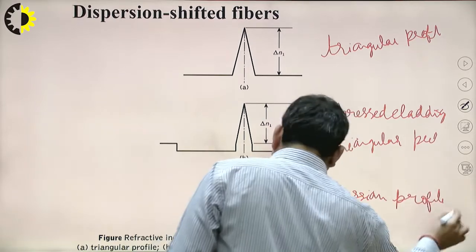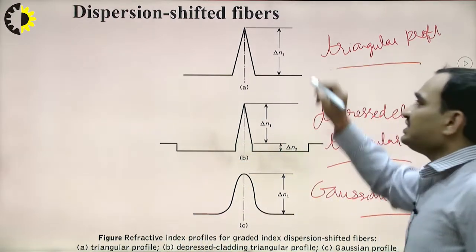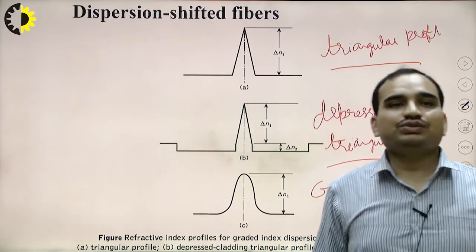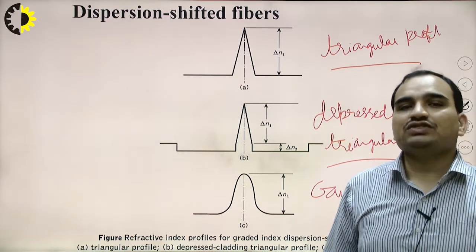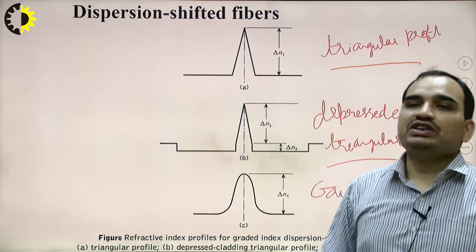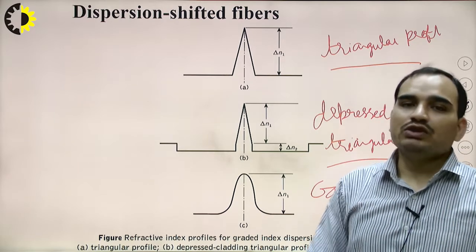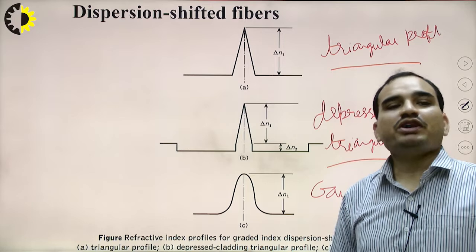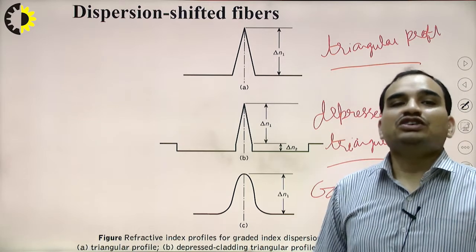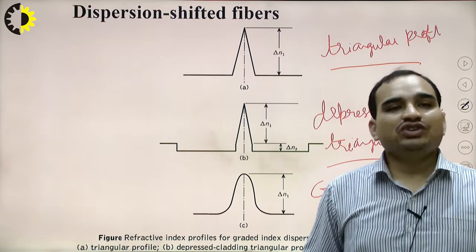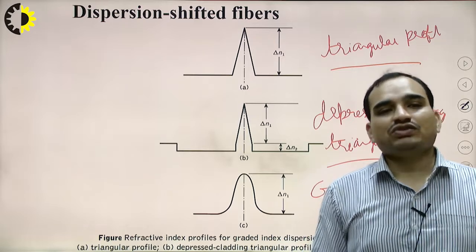These profiles are used such that we can shift the dispersion of the fiber from 1.3 micrometers to 1.6 micrometers, or from 1.3 to 1.55 micrometers. Depending on the shape of the profile, we can shift the dispersion characteristics of the fiber.